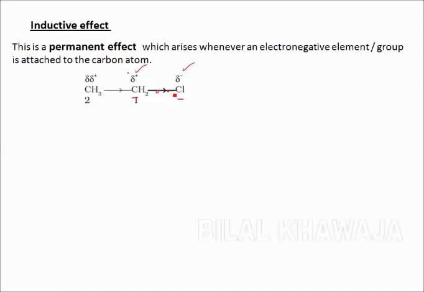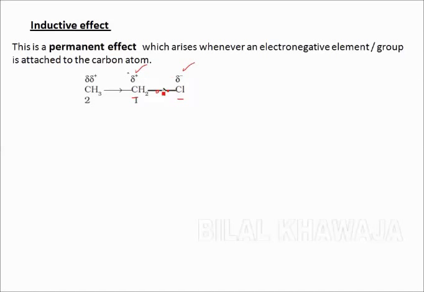This dipole moment, which arises due to the displacement of these sigma electrons, is called an inductive effect. So inductive effect means the polarity produced in a molecule due to the displacement of sigma electrons.